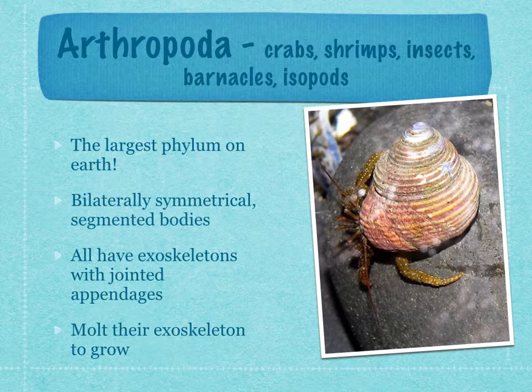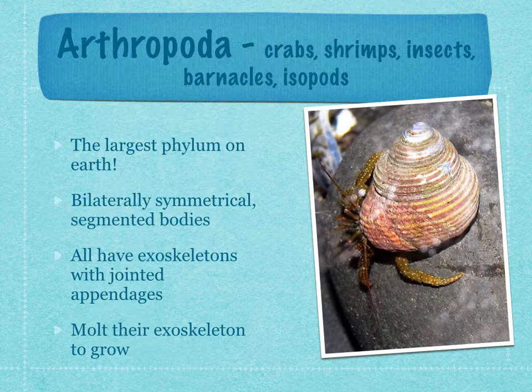Our next group is actually the largest phylum on Earth. Arthropods are crabs, shrimps, insects, barnacles, and isopods. They too have bilateral symmetry, and they have segmented bodies. All arthropods have an exoskeleton with jointed appendages.